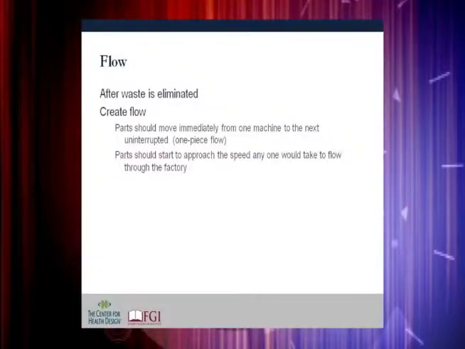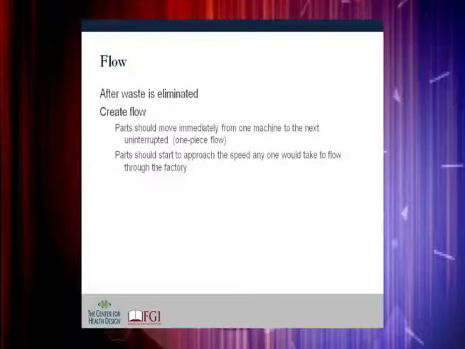Okay, so after you've identified the value stream, you've identified what value looks like, then you want to identify flow or create flow. And flow is that parts move immediately from one machine to the next uninterrupted. This is right out of a manufacturing book. In healthcare, it would be flowing from one step of the process to the next. Parts and patients should start to approach the speed that any one would take to flow through the factory.